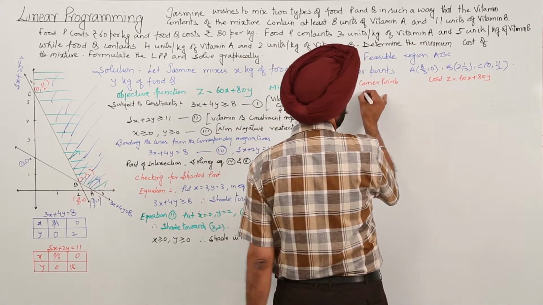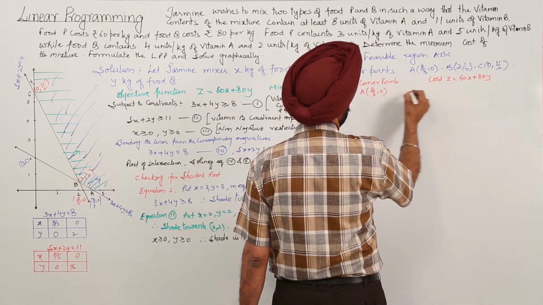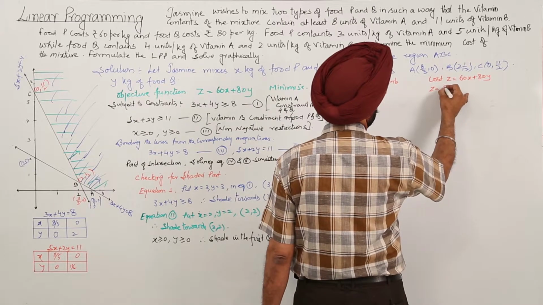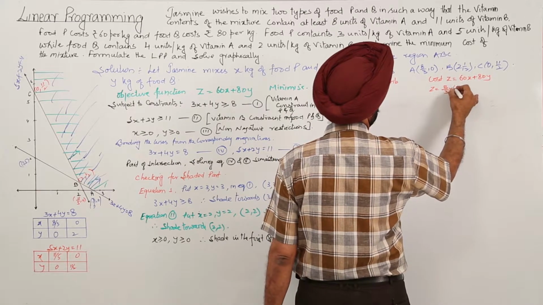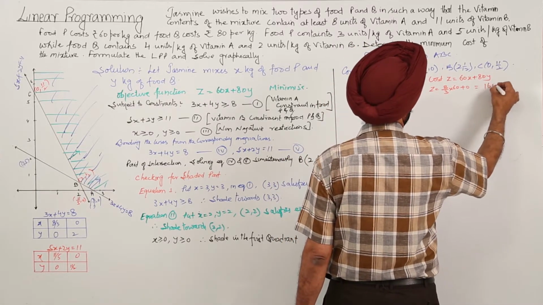Okay, now at A, 8 by 3 comma 0, Z is equal to 8 upon 3 into 60 plus 0, which is equal to 160.